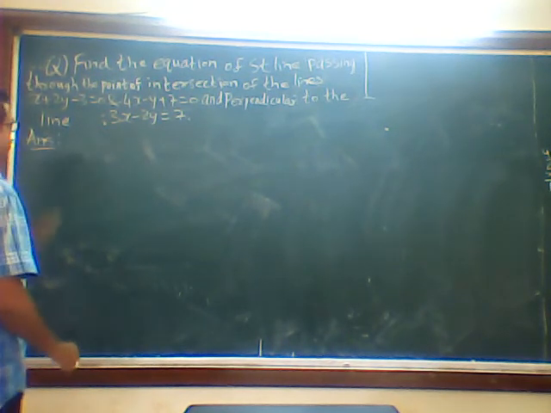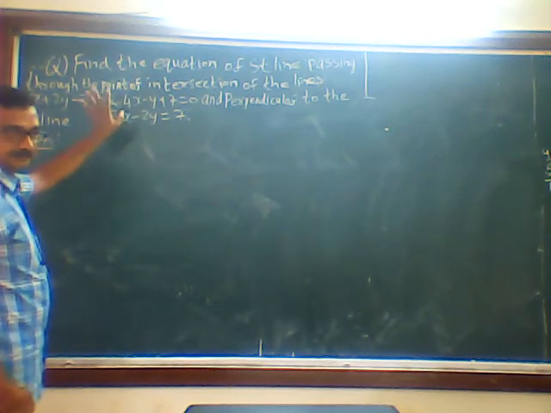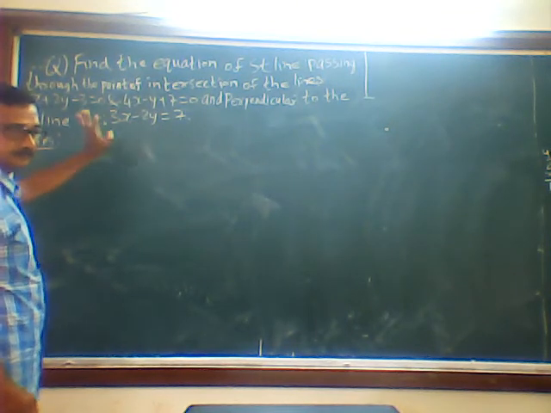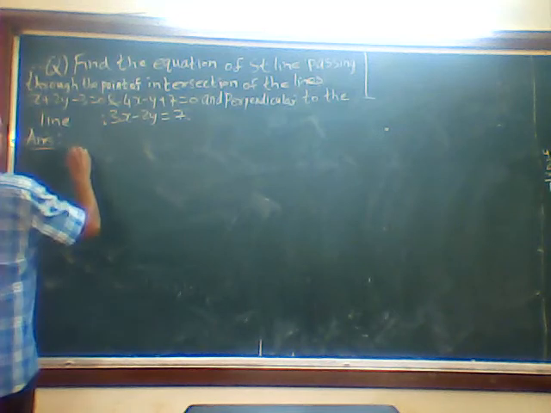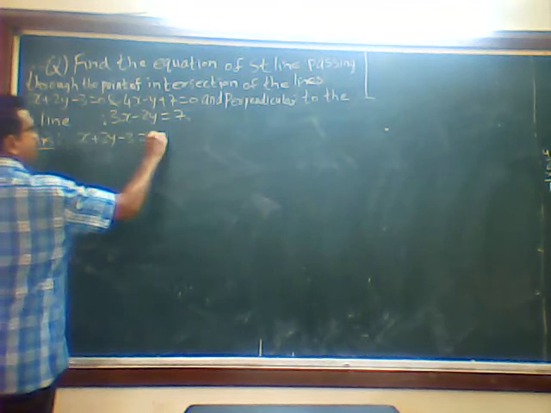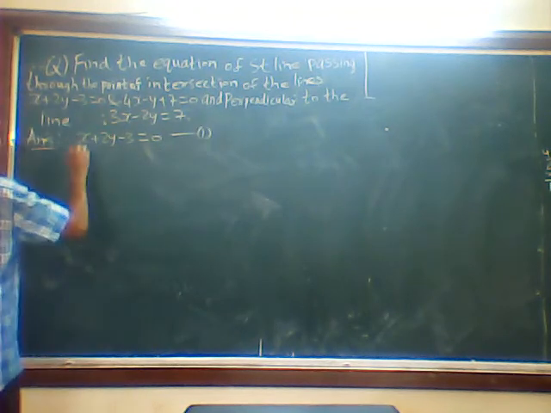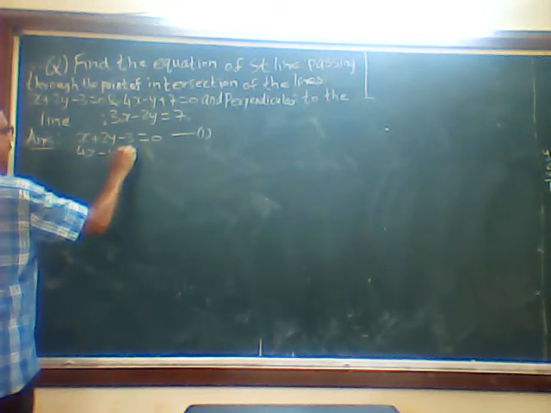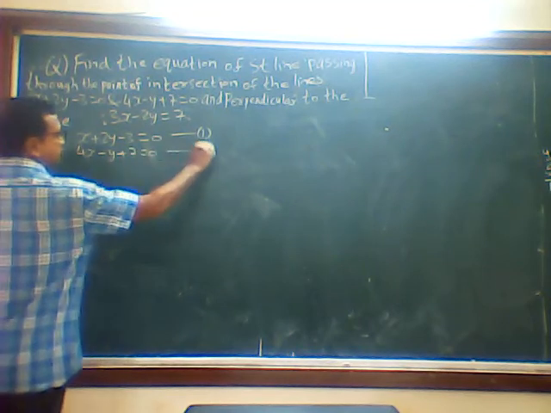Now I write again. I will first find the point of intersection, then the slope. Given x plus 2y minus 3 is equal to 0, equation number 1, and 4x minus y plus 7 is equal to 0, equation number 2.